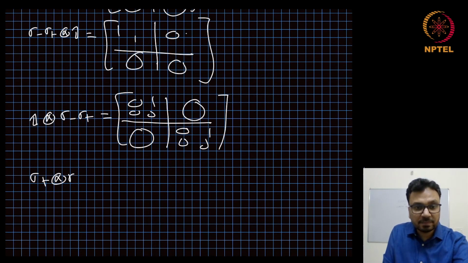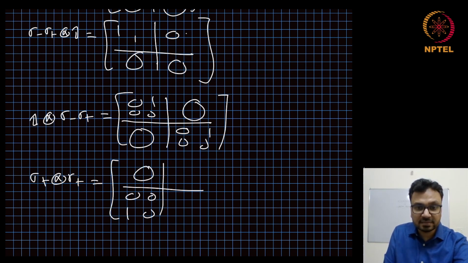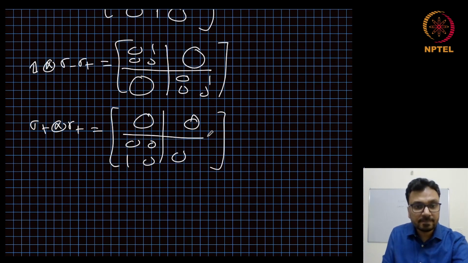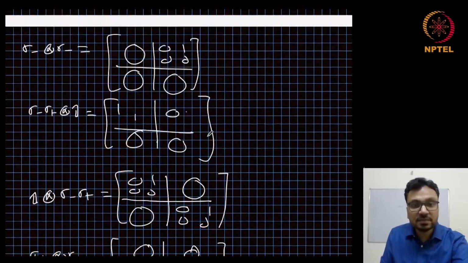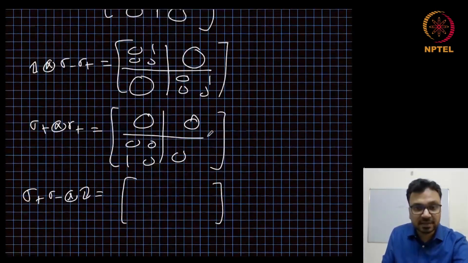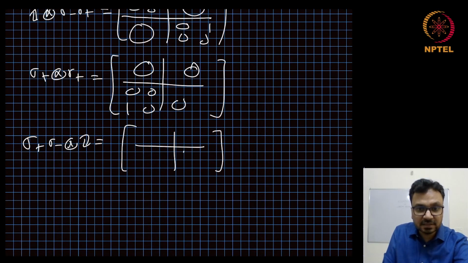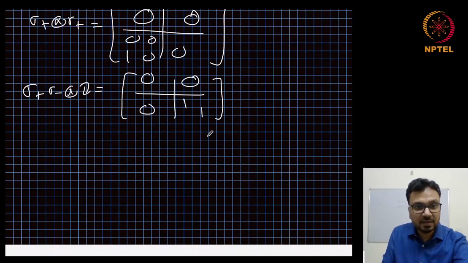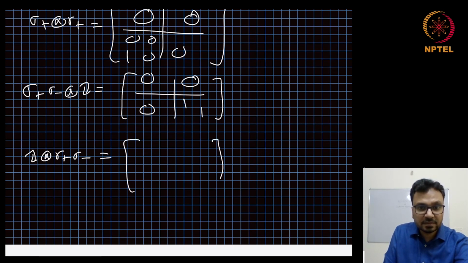Sigma plus tensor sigma plus will be easy to calculate, 0 0 1 0, and everything else is 0. Sigma plus sigma minus tensor identity will be just 1 1 0 0 0. It's just the opposite of this. And identity tensor sigma plus sigma minus will be 0 1 0 1.